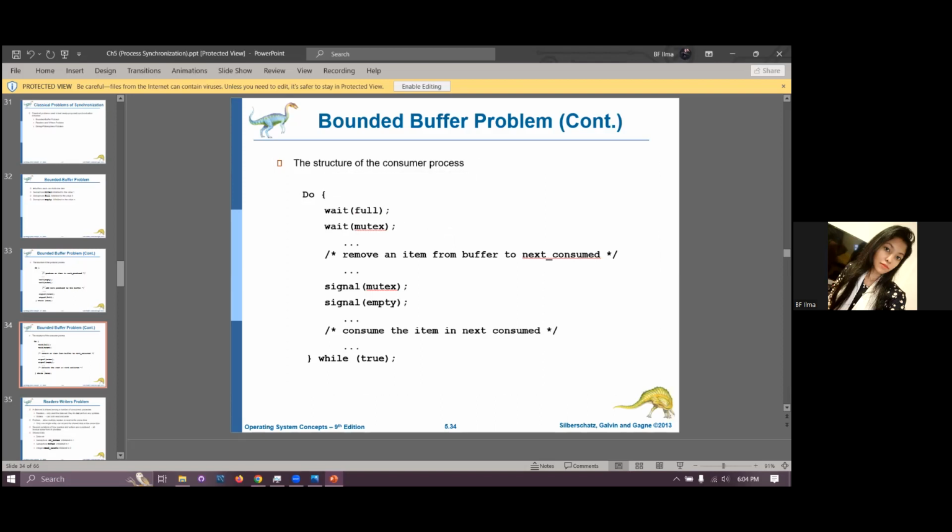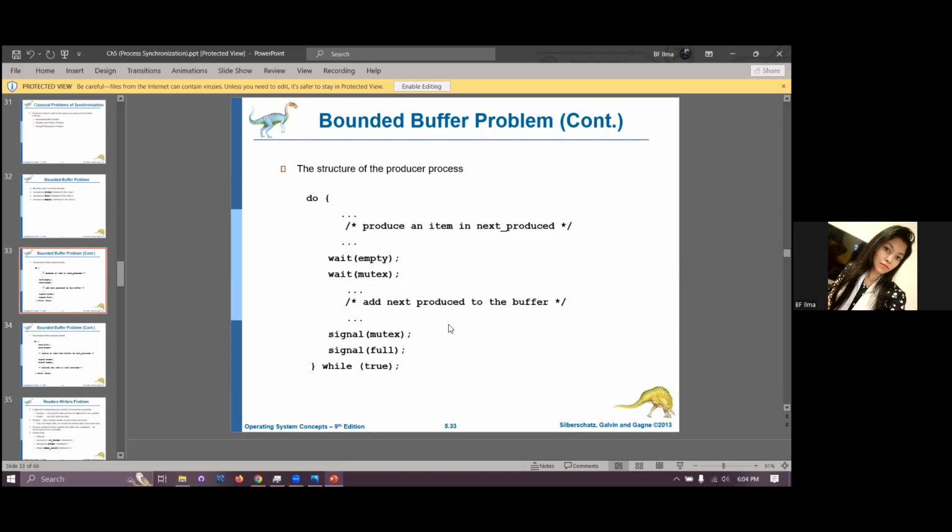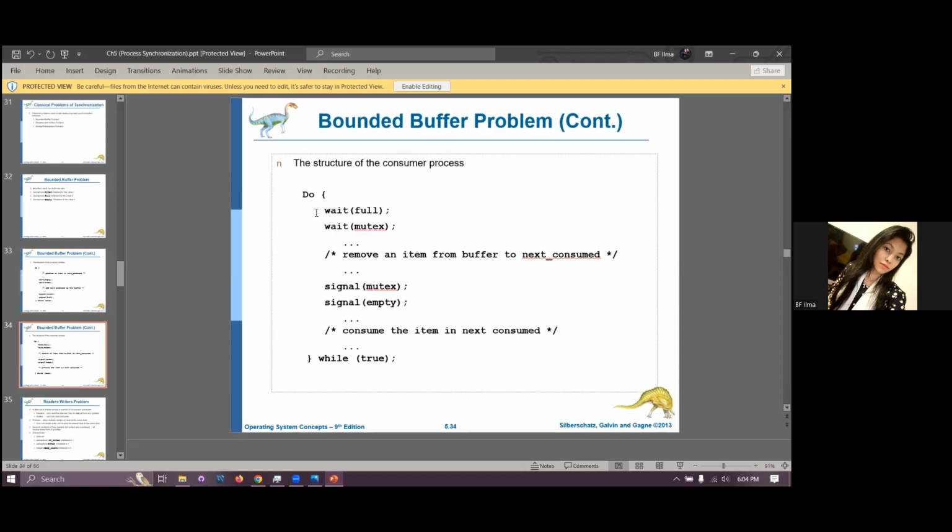Now assume that the producer actually executed before the consumer process. So now we know that full isn't 0, it's actually 1. So, okay, then it moves on to the next part. It waits on mutex, which means again, we are entering the critical section. It consumes a resource and does the necessary modifications, and then it signals mutex so that it gives a go for the other processes to enter the critical section.